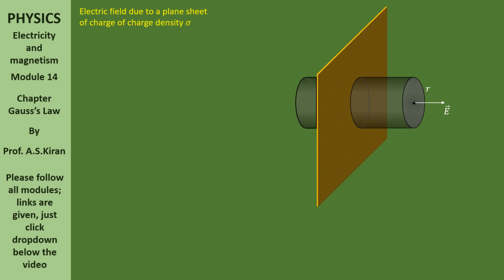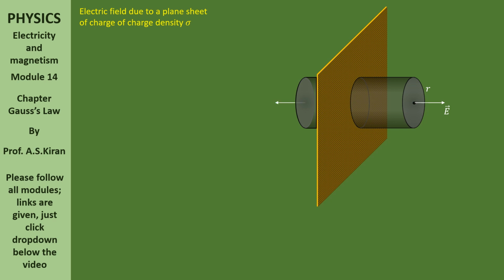Now, when you consider the Gaussian cylinder on the other side also, very obviously you can say that there is some charge locked inside the Gaussian cylinder. With respect to that Gaussian cylinder, there is a right side lid, there is a left side lid, there is a lateral surface area.